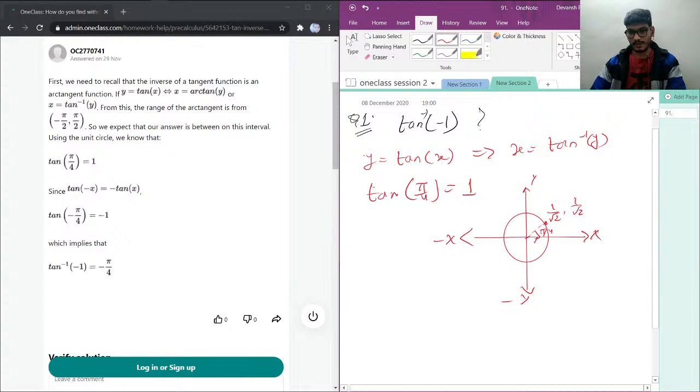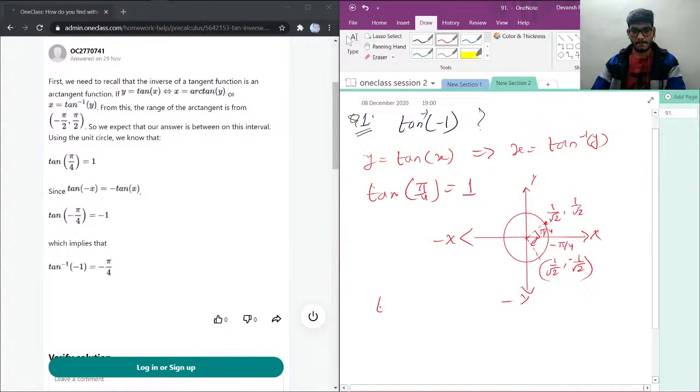When we go to negative pi by 4, going in the clockwise direction, the x coordinate remains positive, but the y coordinate changes to negative.